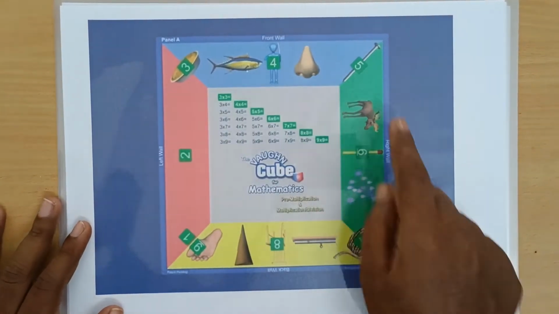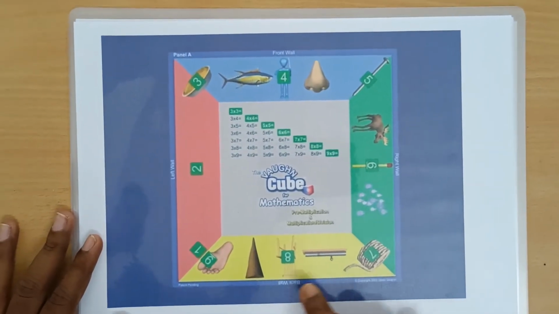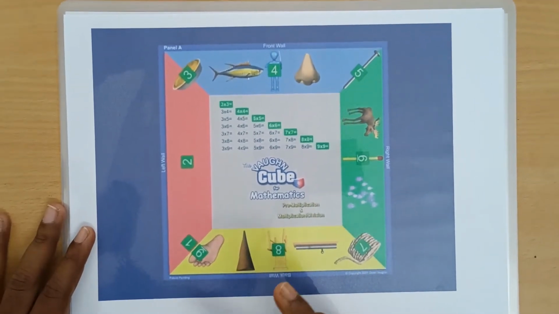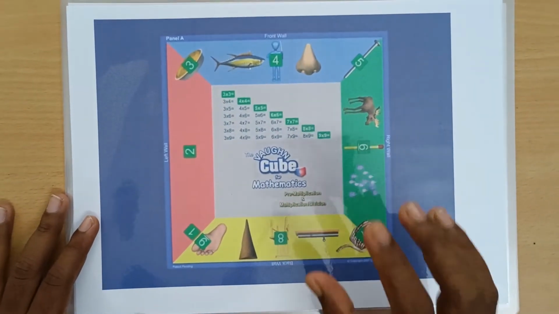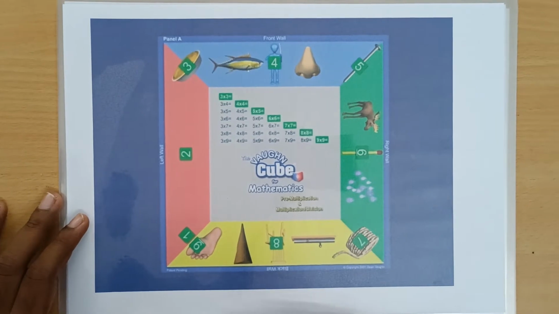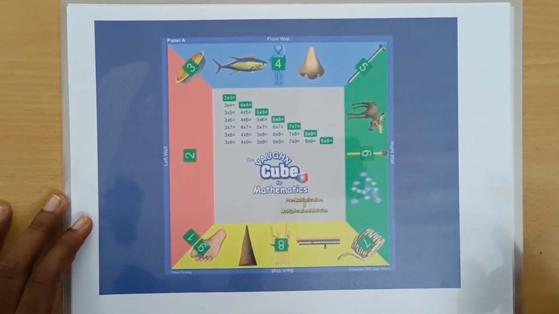So on the 4 walls, we can stick these numbers 1, 2, 3, 4, 5, 6, 7, 8 and 9 as shown in this picture, and ask children to draw these objects and place them in their classroom. So whenever they look at the walls, they'll be able to recall where the object comes in.